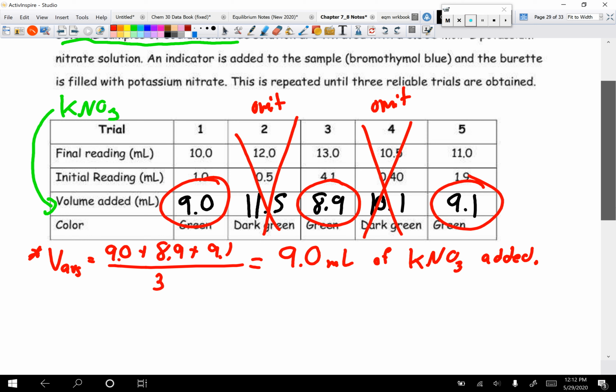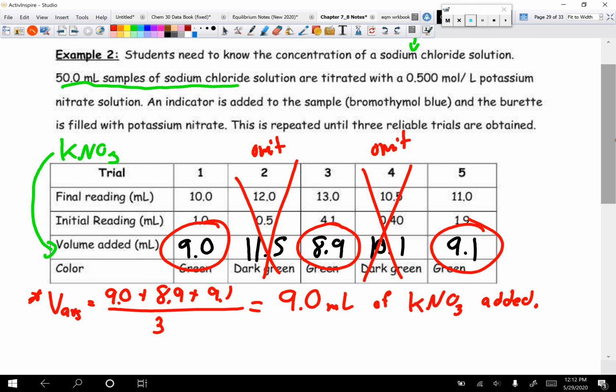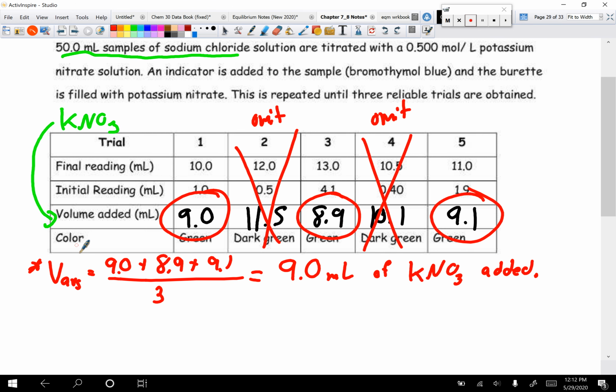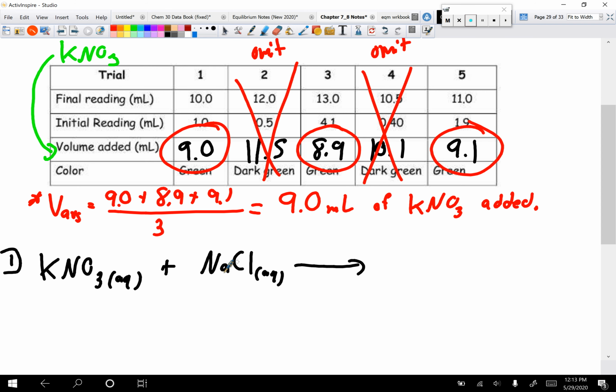Now that we have all of the information that we need, we know what our want is, we know our given, and we have the average volume of our titrant. Now we can go through our 4 steps of stoichiometry to solve the question. So step 1, balance the chemical equation. We have our potassium nitrate solution reacting with our sodium chloride solution, a double replacement reaction.